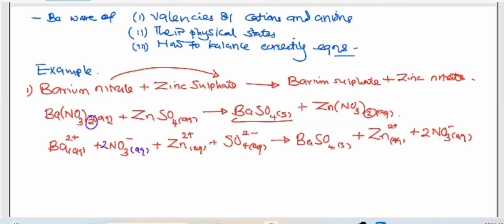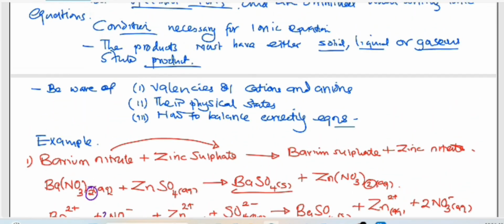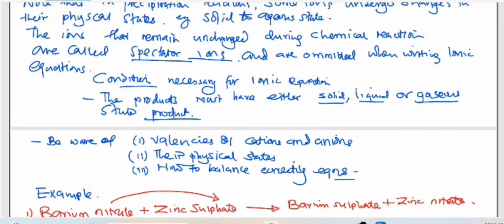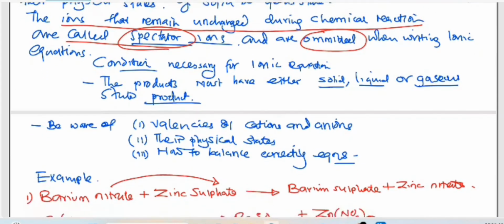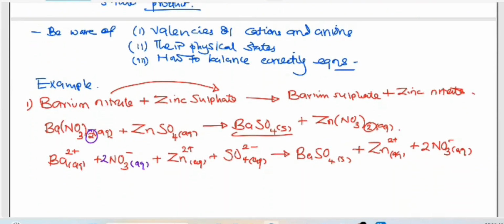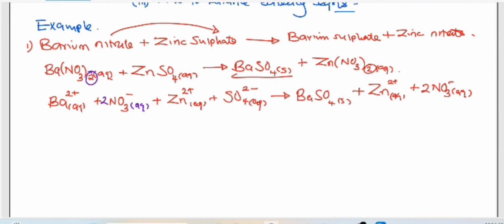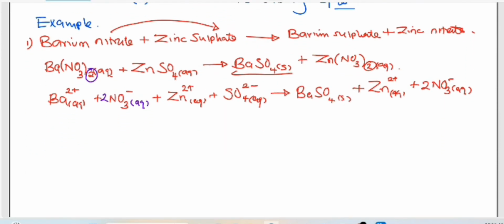So now if you look at this equation, there is somewhere where we said the ions that remain unchanged during a chemical reaction are called spectator ions, and they must be omitted when writing ionic equations.